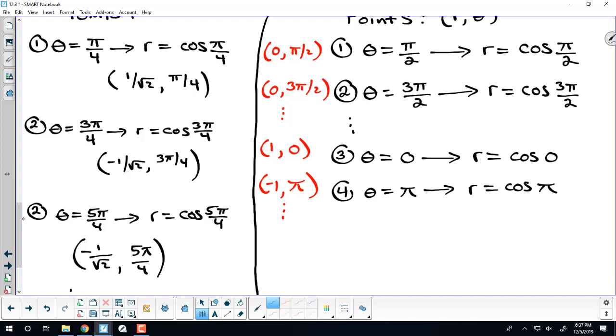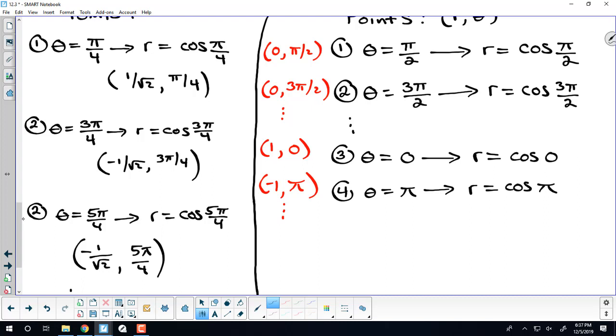So if I went over, my radius is 1 over root 2, and then I rotate pi over 4, that puts me up here, first quadrant. If I go out in the other direction, negative 1 over root 2, and I rotate 3 pi over 4, that puts me over here, right? So those are different points.